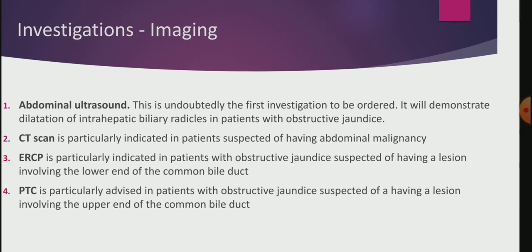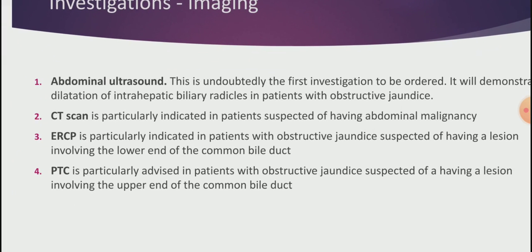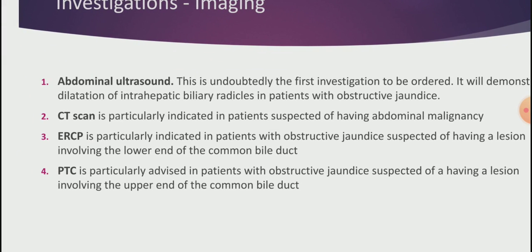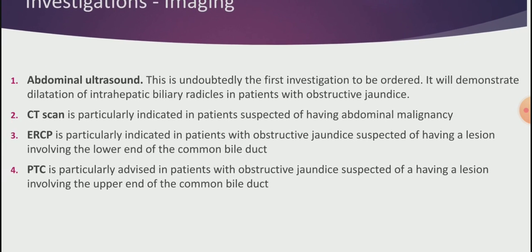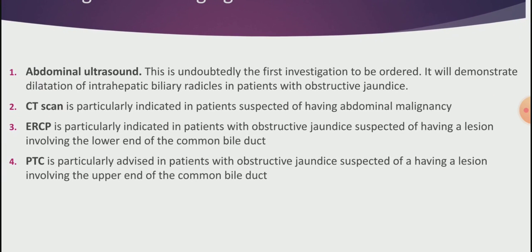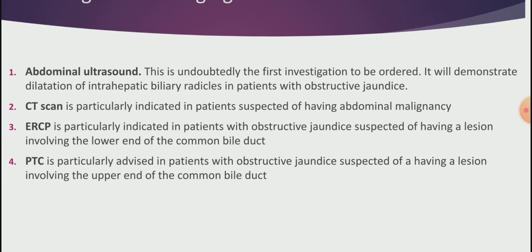Investigation by imaging: abdominal ultrasound is undoubtedly the first investigation to order and demonstrates dilatation of the intrahepatic biliary radicals in patients with obstructive jaundice. CT scan is particularly indicated in patients suspected of having abdominal malignancy, as are ERCP and PTC.